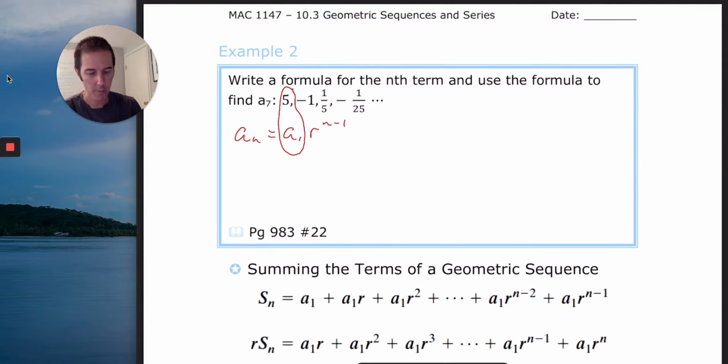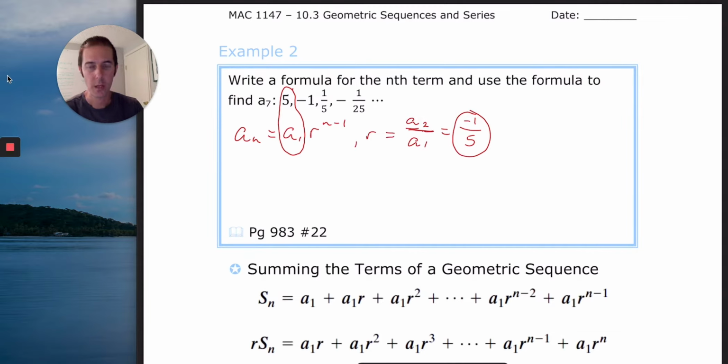A very similar maneuver here. r is going to equal a sub 2 divided by a sub 1. So in this problem, we have negative 1 is our second term, 5 is our first term, which means that negative 1/5 is our common ratio.